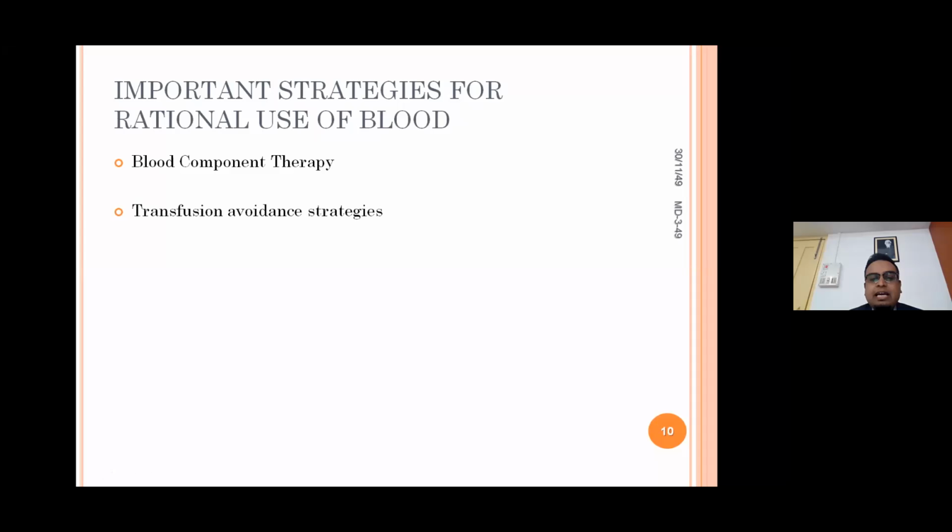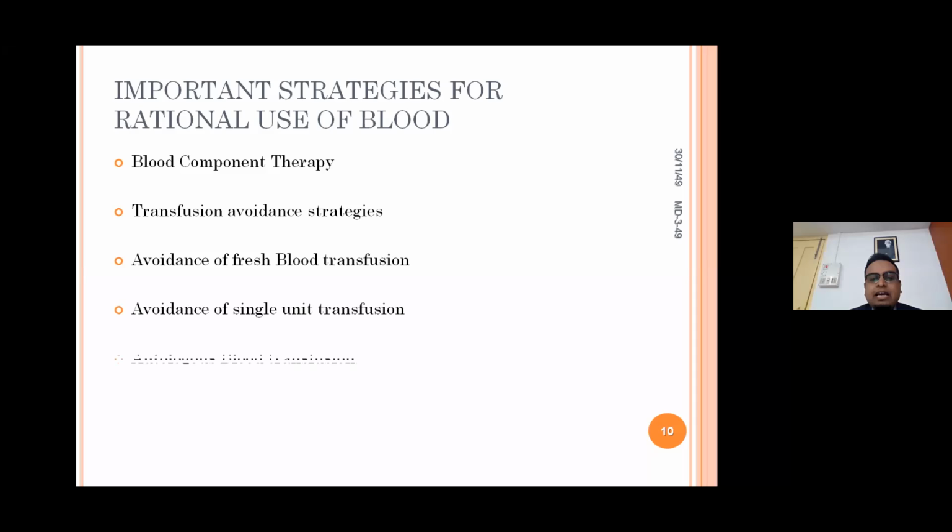Sometimes we have to plan strategies where we can avoid transfusion unless it is absolutely necessary. Also avoidance of fresh blood transfusion, avoidance of single unit transfusion, and autologous blood transfusion. These are important strategies for rational use of blood.